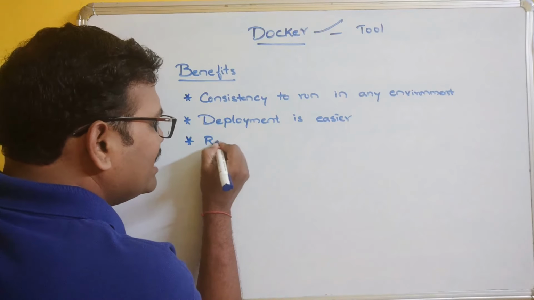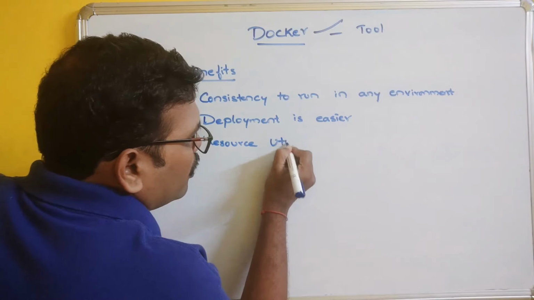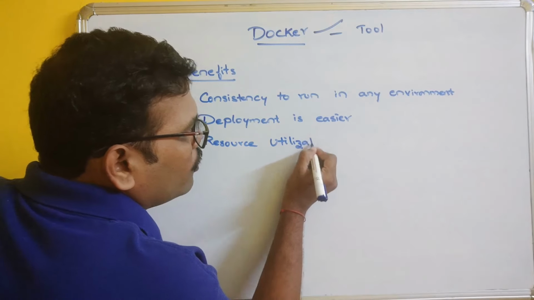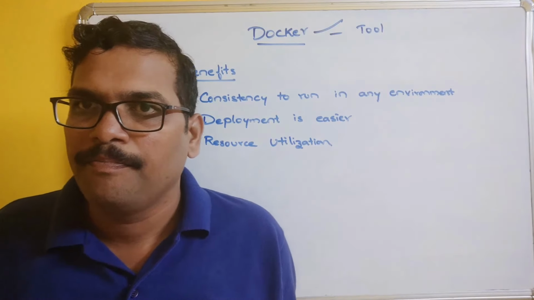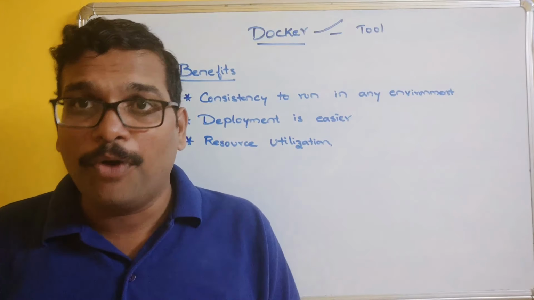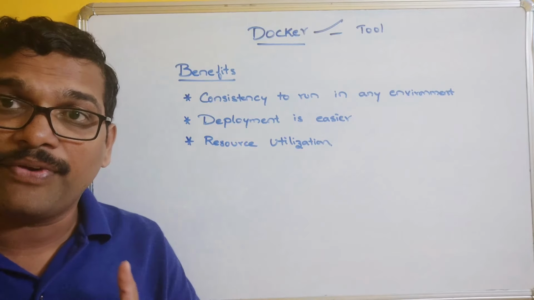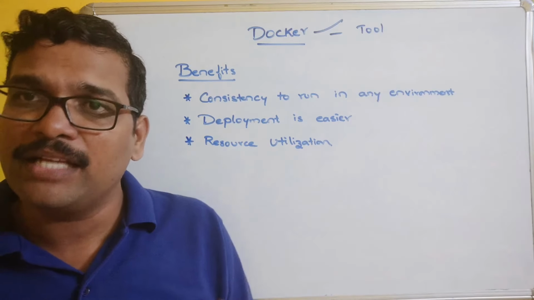And the next one is resource utilization. Effective resource utilization can be done by using Docker, right? Hope you understood this one. So what is the importance of Docker and what are the different components of Docker? Docker engine, Docker container, Docker image, Docker Hub.